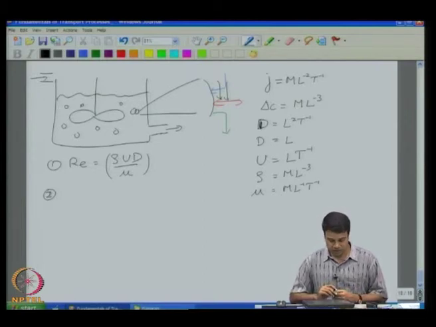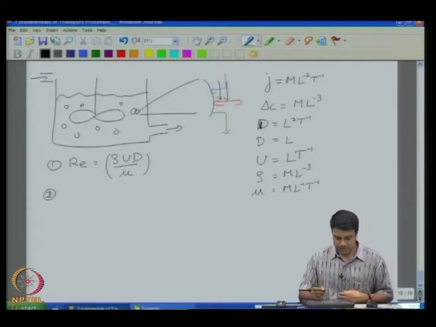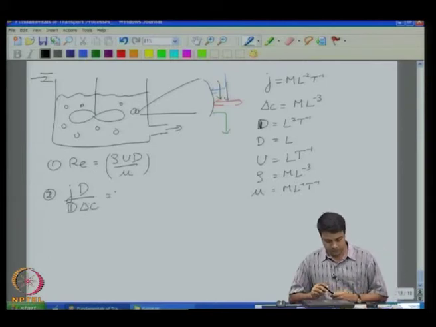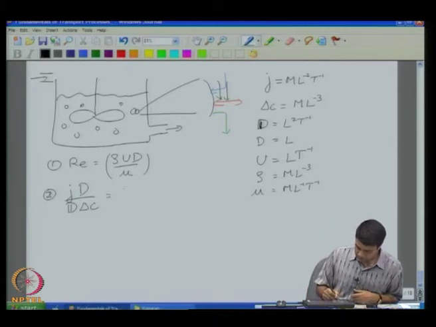In this case we can write down the non-dimensional mass flux as the mass flux times the diameter divided by the diffusion coefficient and delta C. This is called the Sherwood number.